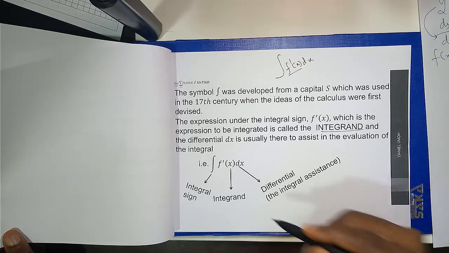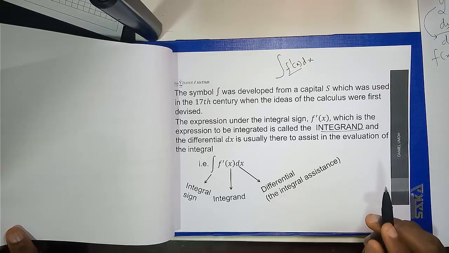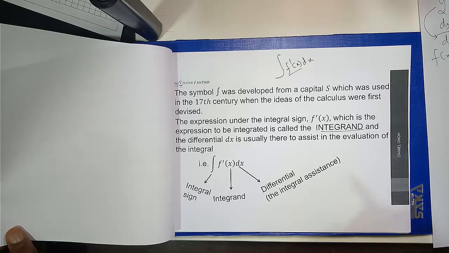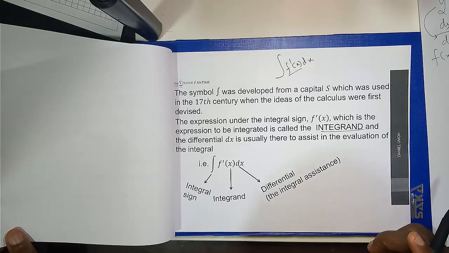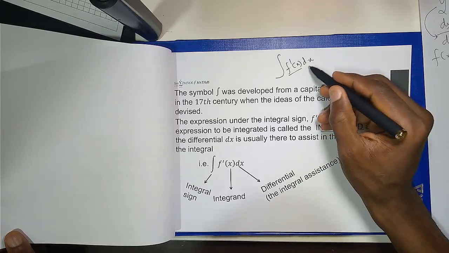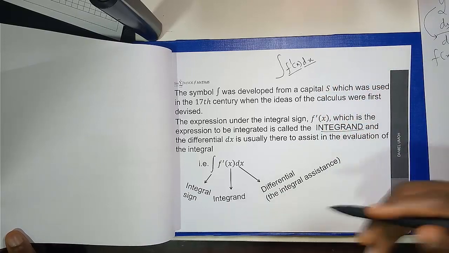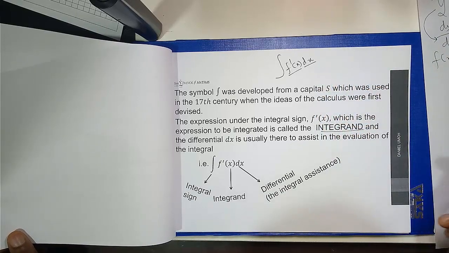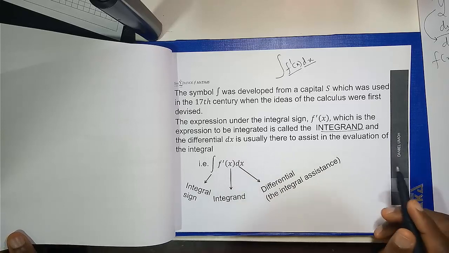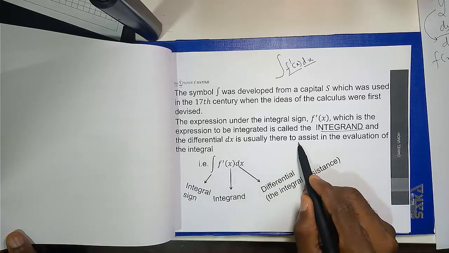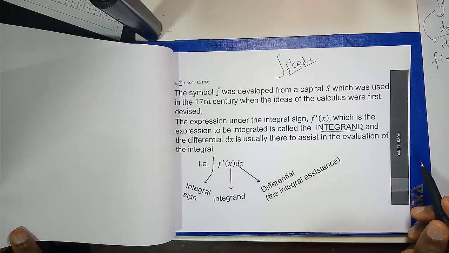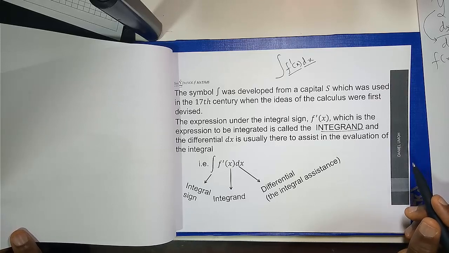So it is the expression to be integrated, and it is always referred to as what? The integrand. And this dx, with respect to x, is called the differential, and it is always there to assist in the evaluation of the integral.